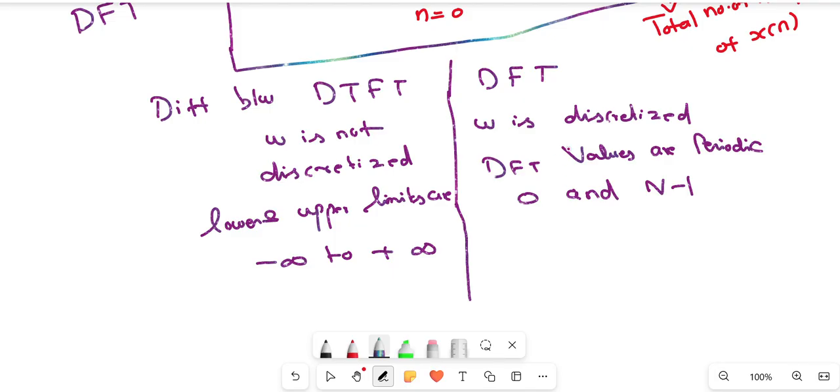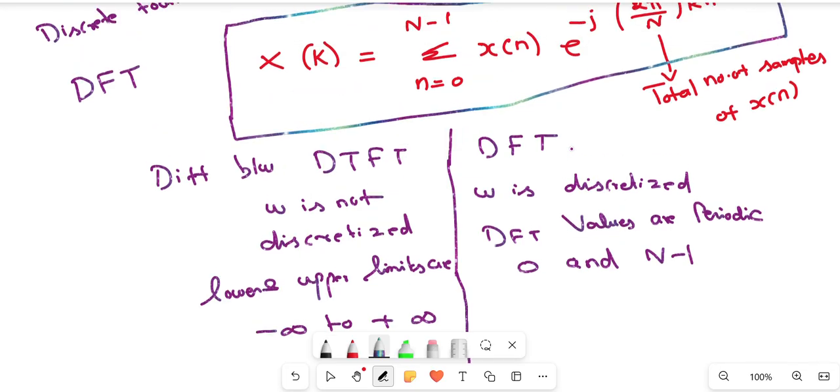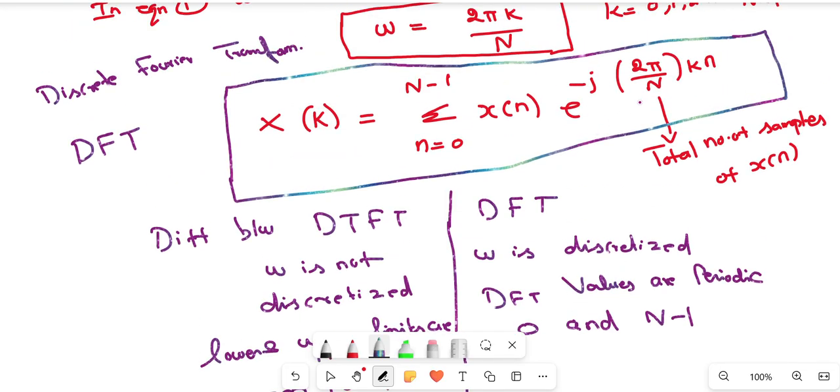So in this DFT equation, x of n into e power, this w equal to 2 pi k by n, w is discretized.